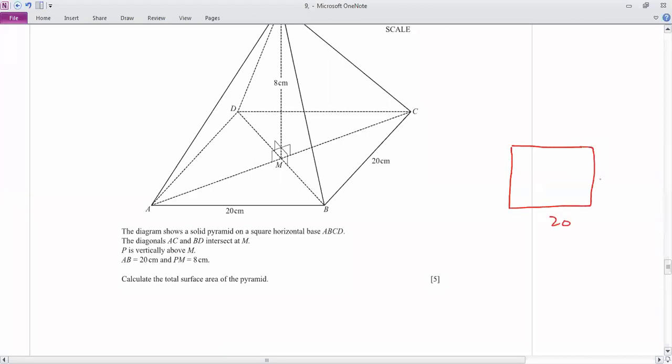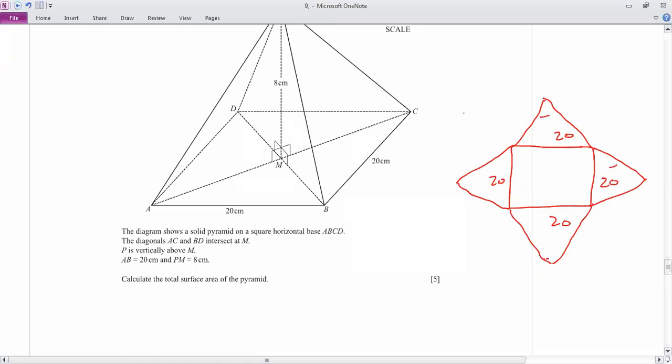This is 20, this is 20. So obviously all sides are 20 centimeter. And if I make the triangles, all triangles will be the same, four triangles, because the base is square.